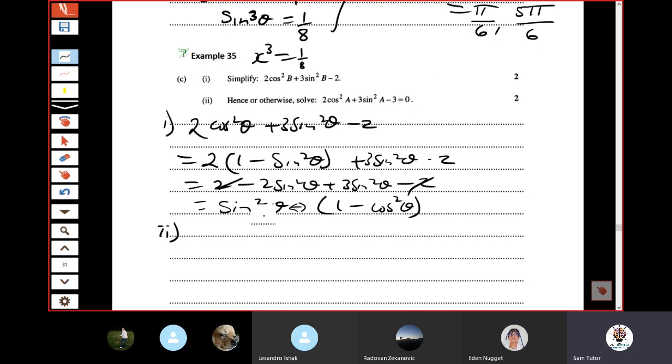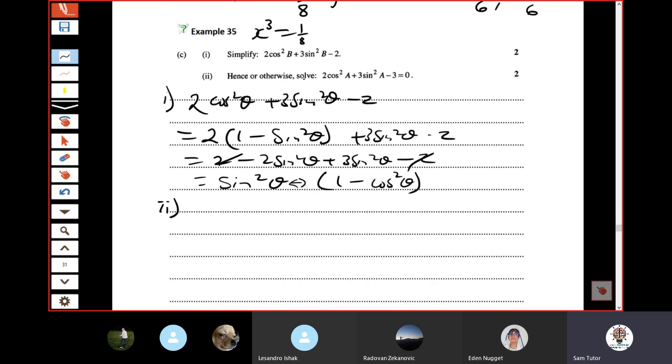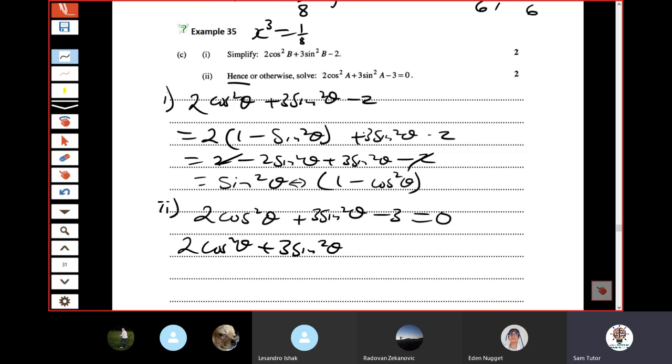So watch this. I want to write the question out. So the question was 2 cos squared theta plus 3 sine squared theta minus 3 equals 0. But I know 2 cos squared theta, so I'm going to literally write what I know we have, because it says hence, which means you've got to use the one on top. Minus 2, right? That's exactly the top. But you can't just change this to a minus 2.